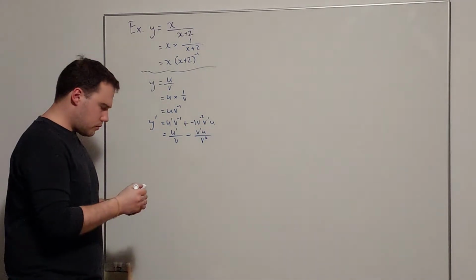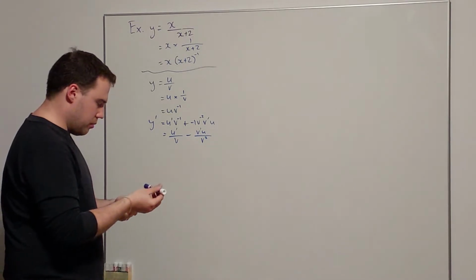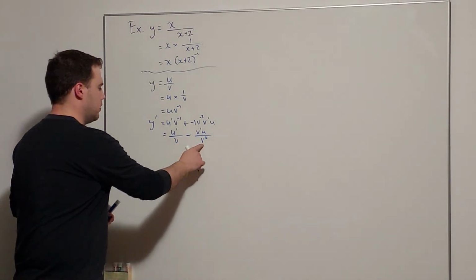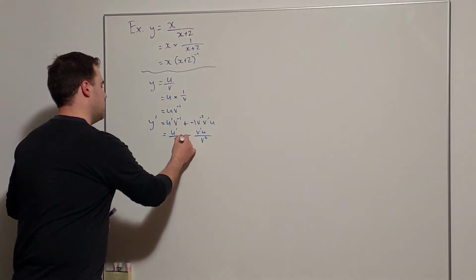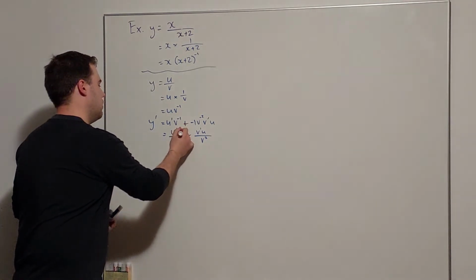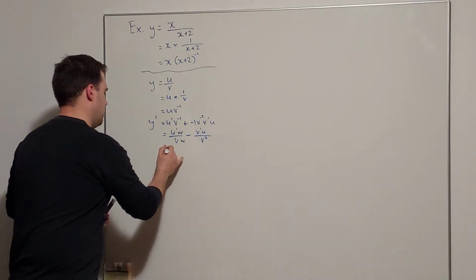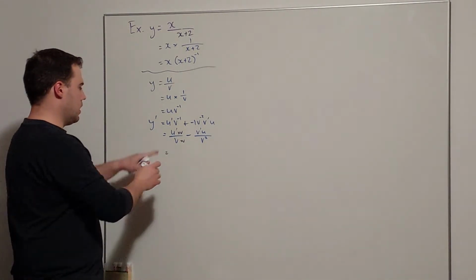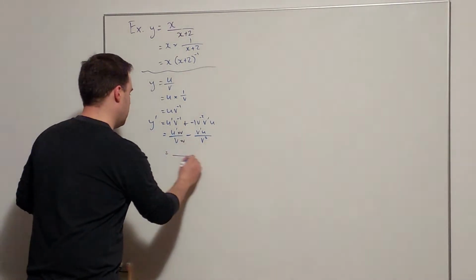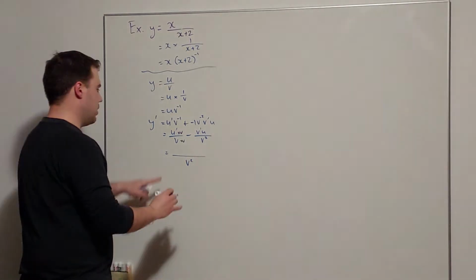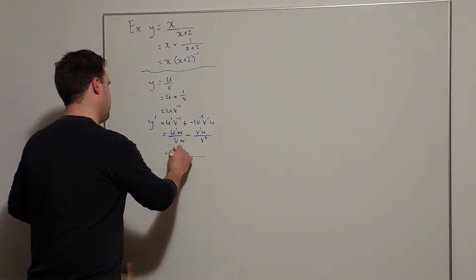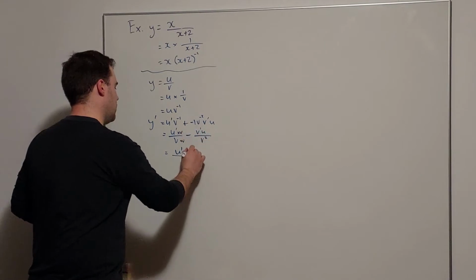And then just to get a common denominator, we can multiply this one top and bottom by v. Now that we've both got v squared on the denominator, we're going to have u dash v minus v dash u.